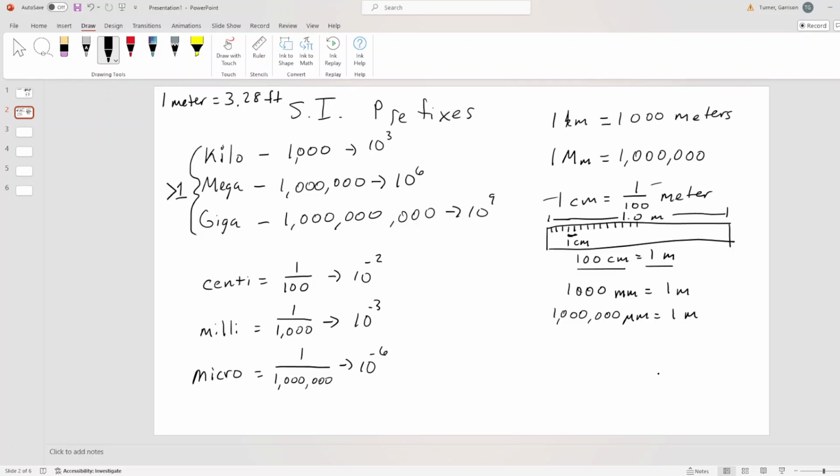So, these are some of the common prefixes. Now, these are not restricted to meters. These can also apply to seconds. These can also apply to grams. And as a matter of fact, this is why the kilogram is named what it is. Years before, the gram was the standard unit of mass in the SI system, before things were redefined.